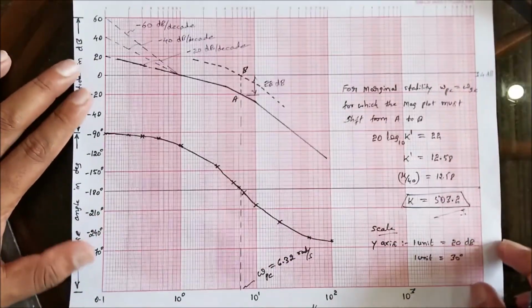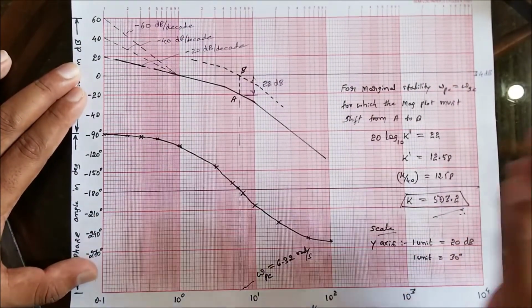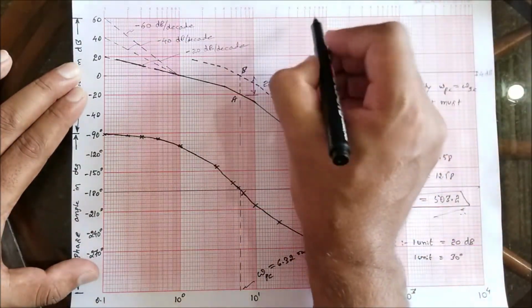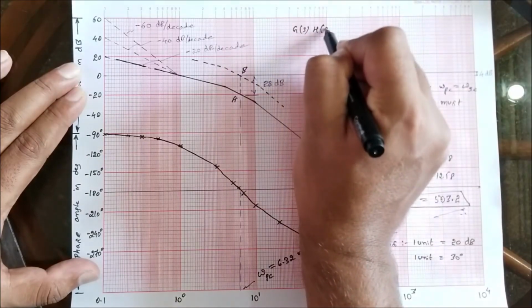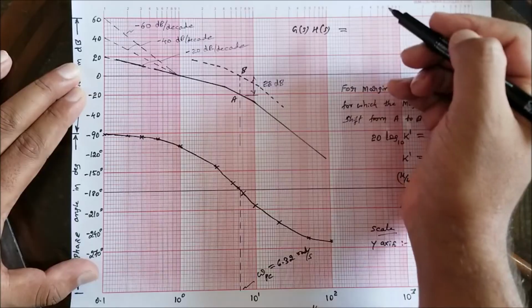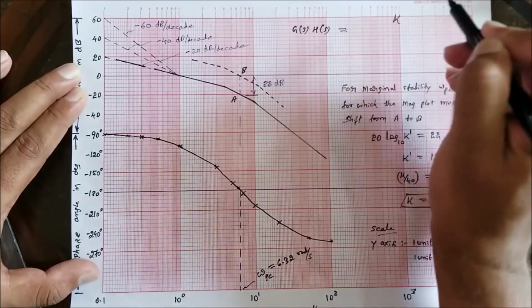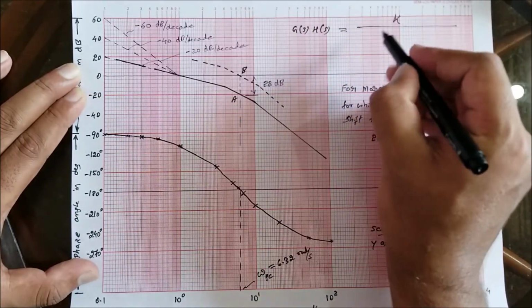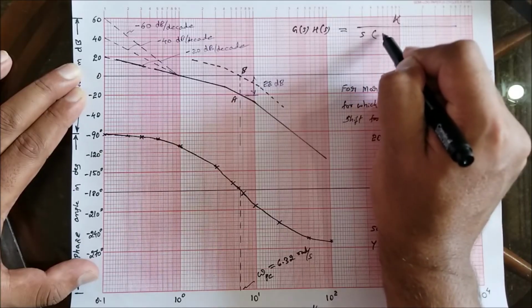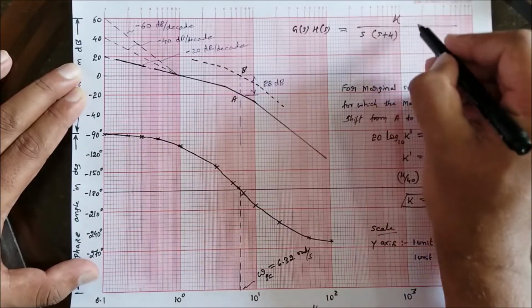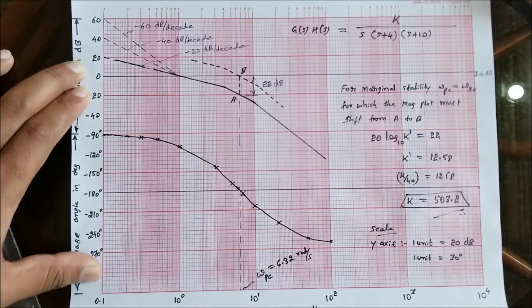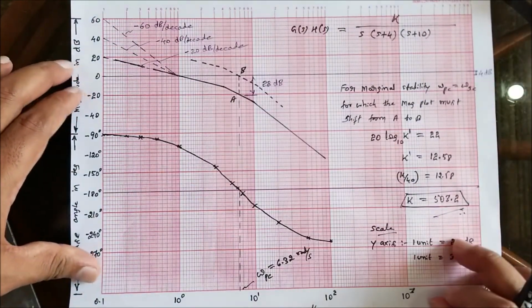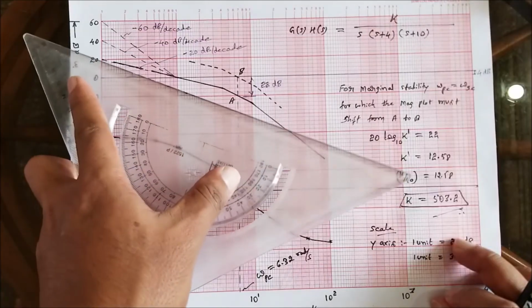The question given is G(s)H(s) equal to K divided by s(s plus 4)(s plus 10). This was the problem given. Try to use a roller scale to draw parallels.